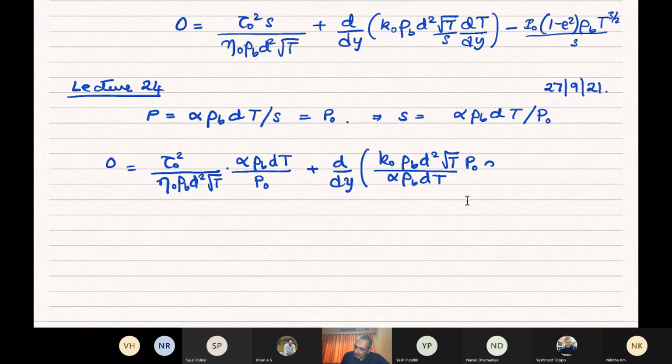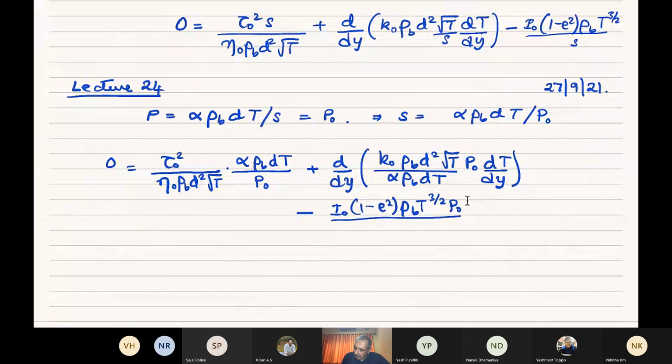So this essentially gives us the second term. And for the third term, we can do the same thing, and we'll get I0 into 1 minus E squared rho b into P0 divided by alpha.